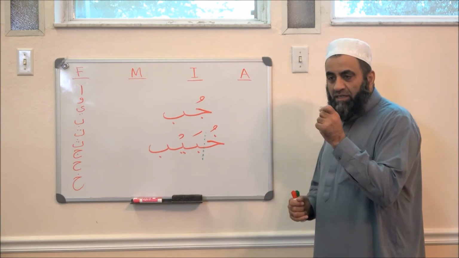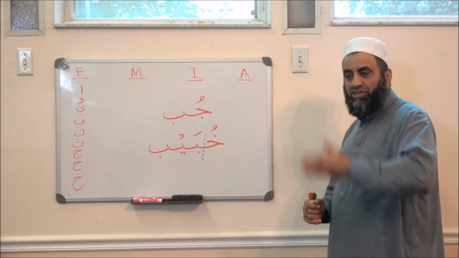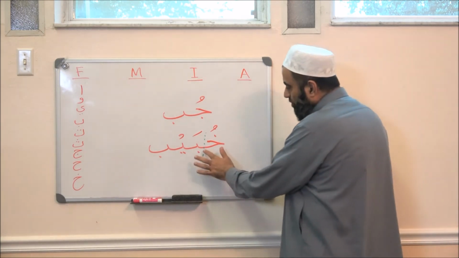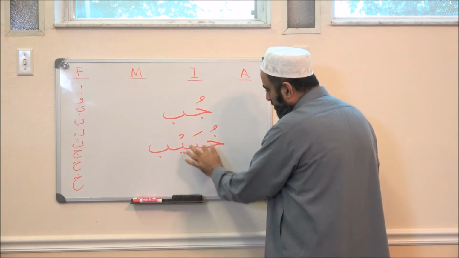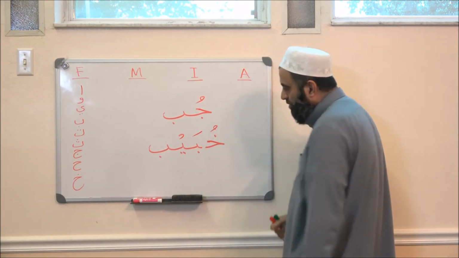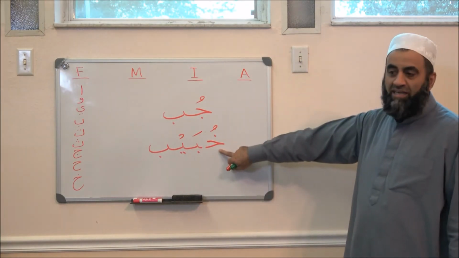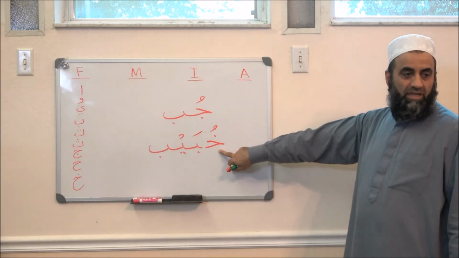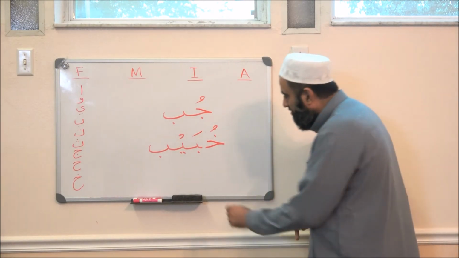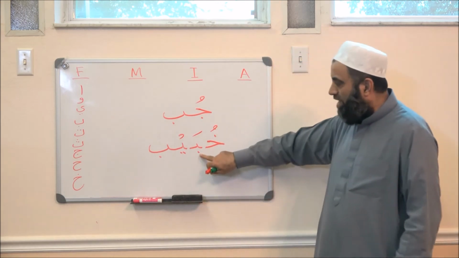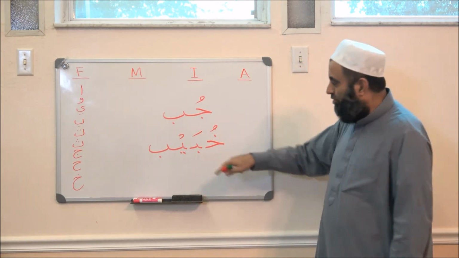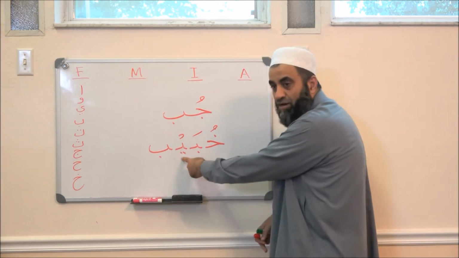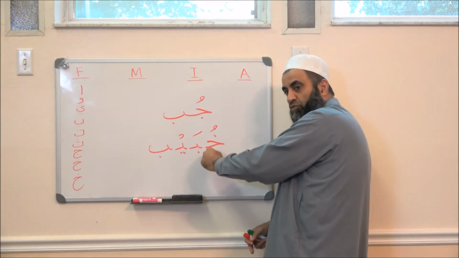Now, just for the sake of illustration, let's cut the connections and see how things go. I'm cutting the connections. So this is my Kha in initial form. This is my Ba in middle. This is my Ya also in middle. Why? Because I have a letter before and a letter after.